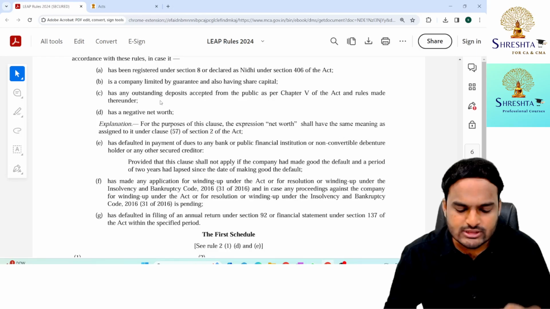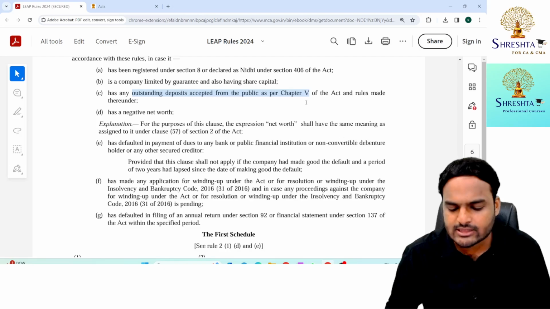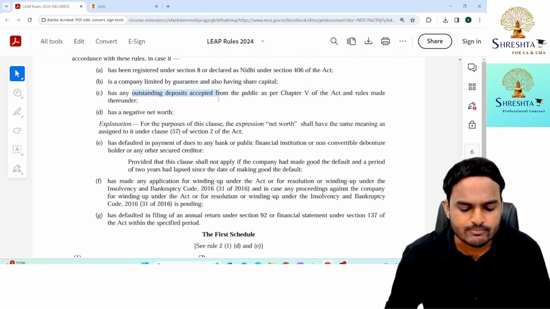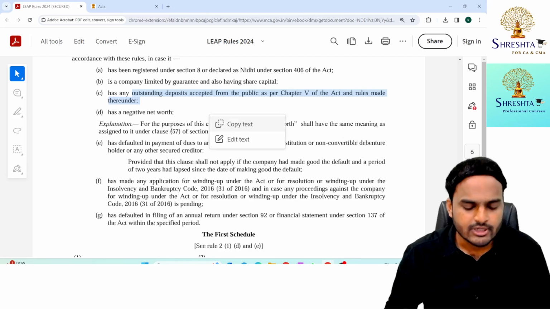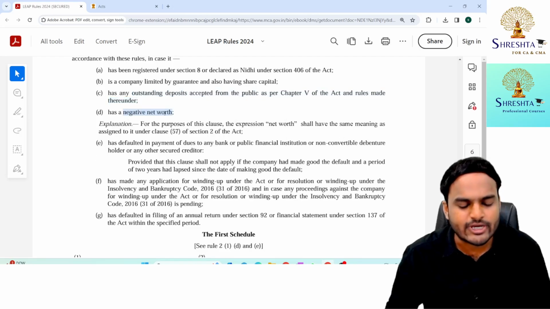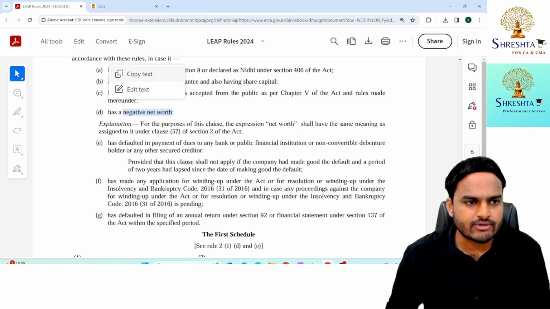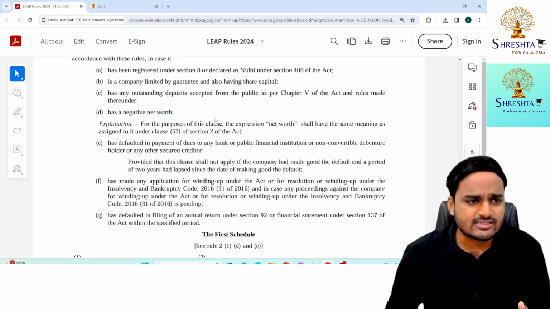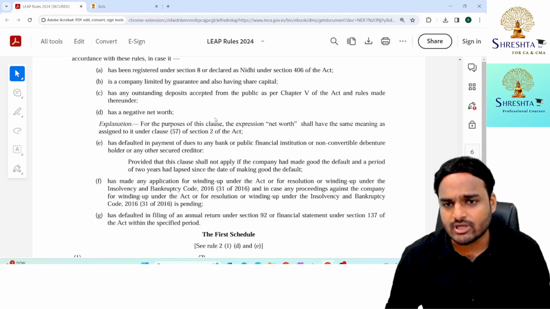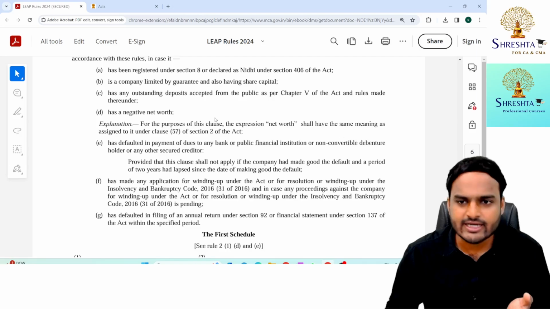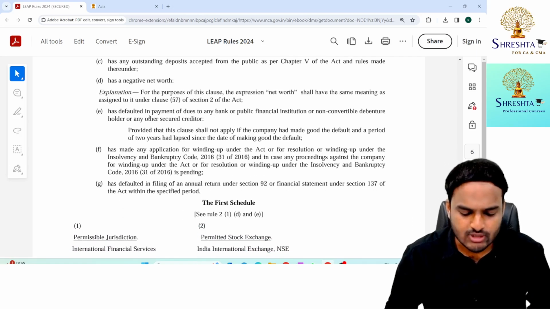Next one, a company which has outstanding deposits accepted from the public as per chapter 5 of the Act and rules made thereunder. Next one, companies having a negative net worth. That means assets less than liabilities. Company assets less than company liabilities indicates negative net worth. Yes or no? Next one.